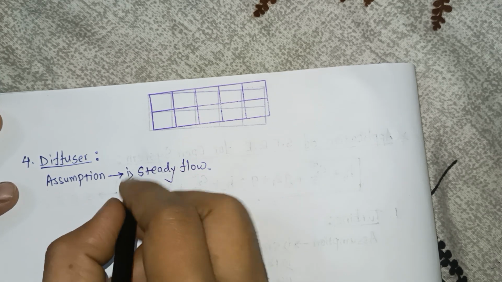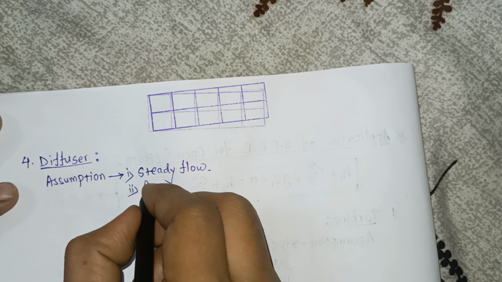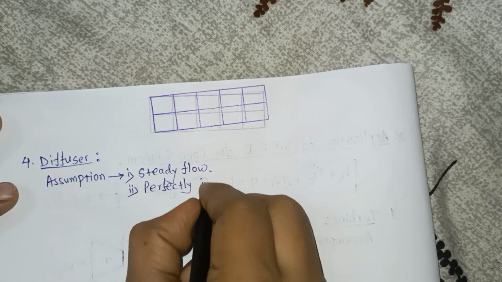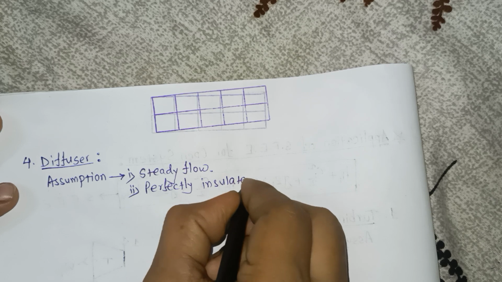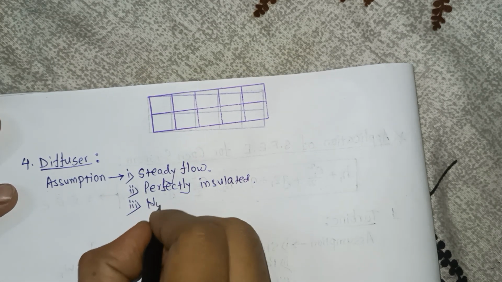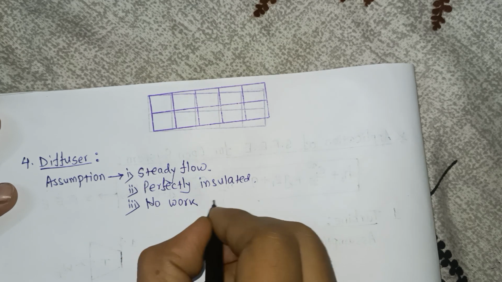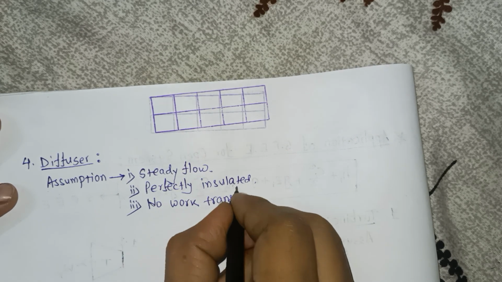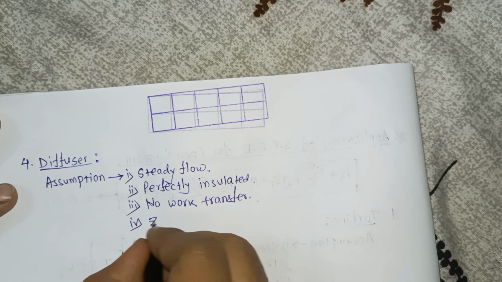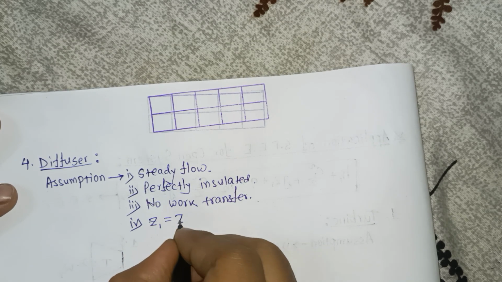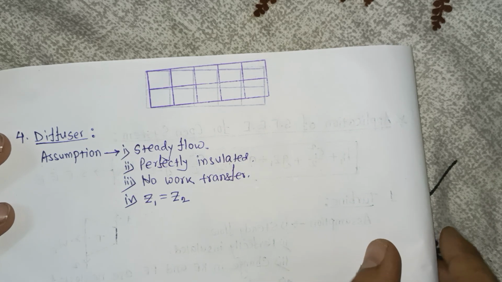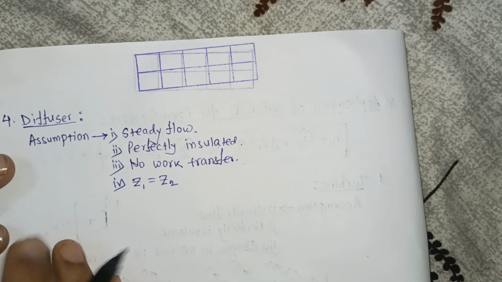Second, perfectly insulated, same as the nozzle. Third, there is no work transfer. Fourth, the initial height equals the final height, so inlet height and exit height are the same.